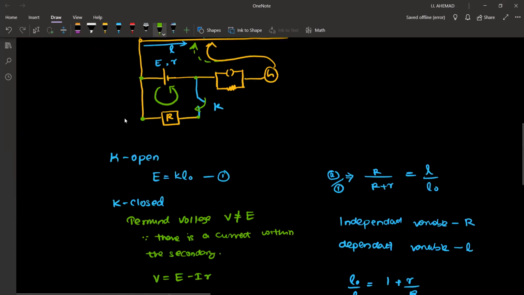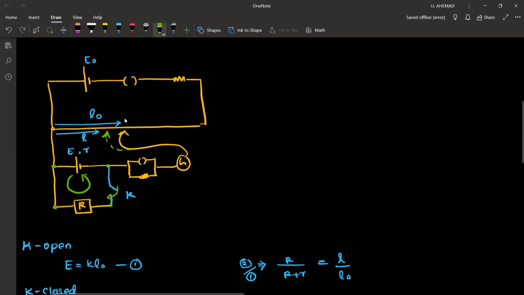Now, did you all have one doubt? When we say balance point, or balance condition, I used to say the current is zero, right? But here, we have a current flow.